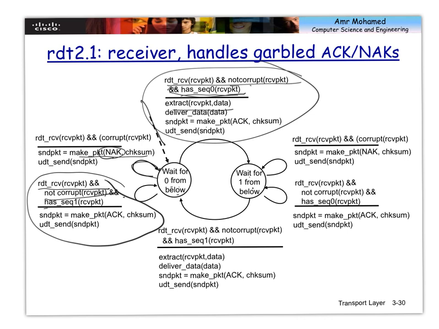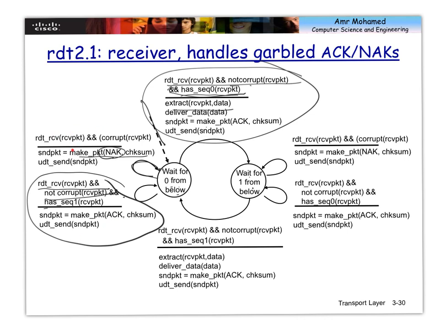When you are waiting for packet 0, sorry, and we receive 1, will the receiver send an acknowledgement or a negative acknowledgement? Acknowledgement. It only sends a negative acknowledgement if it's corrupted. If I'm waiting for packet 0 and I receive packet 1 corrupted, I will not trigger this, I will trigger this.